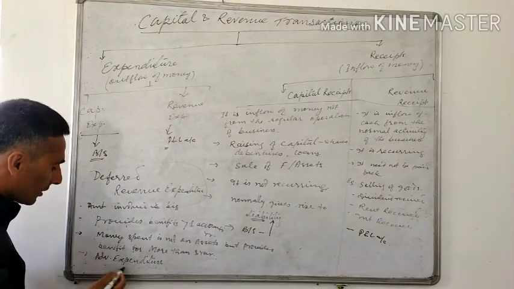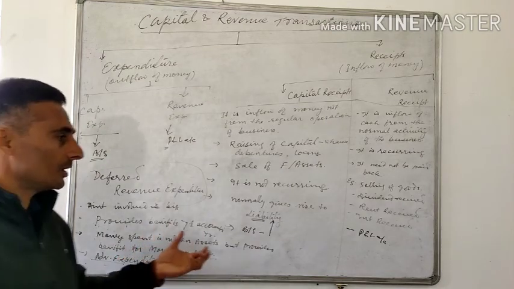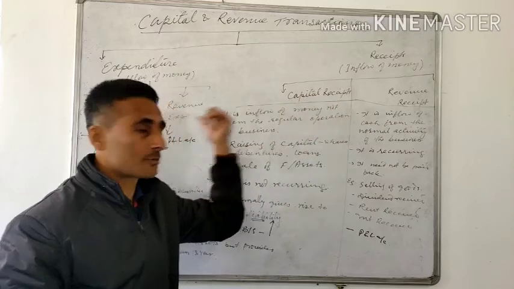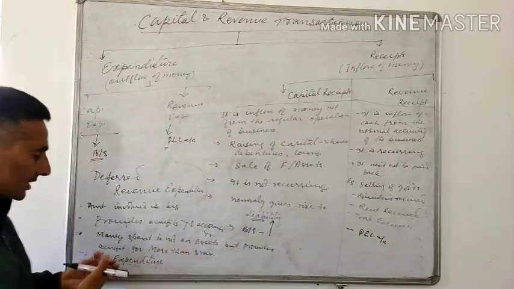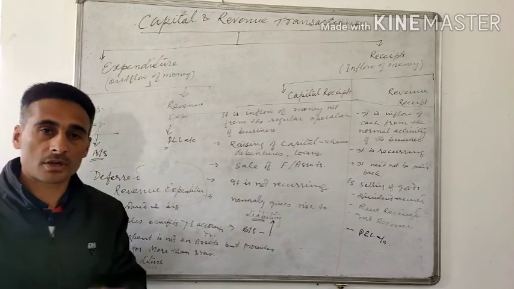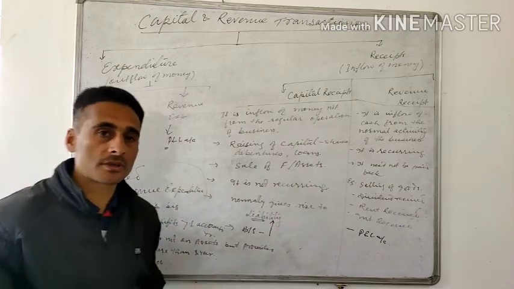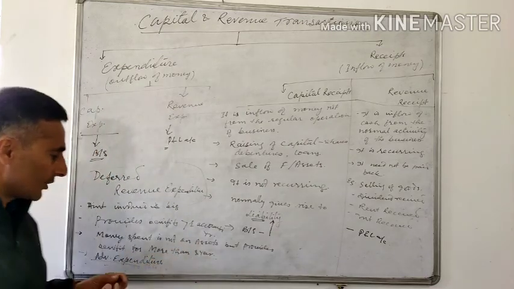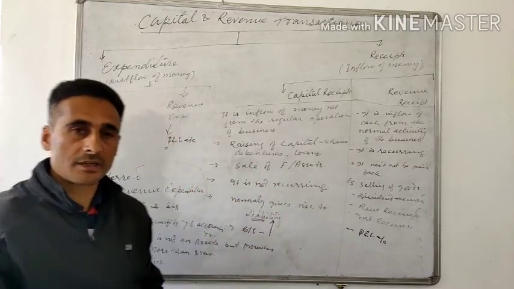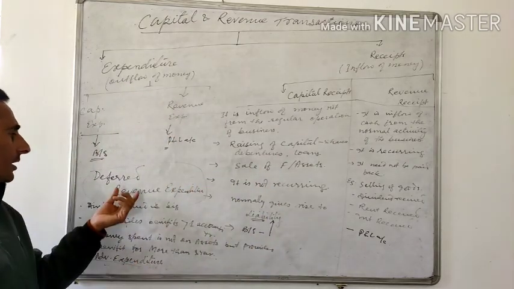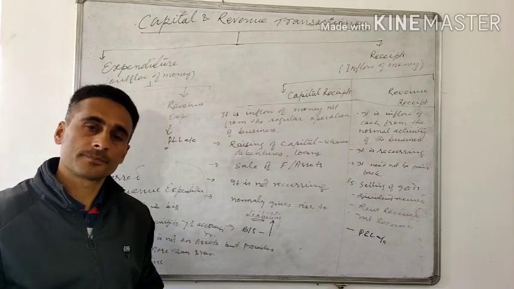But when you talk about only advertisement, it is definitely a revenue expenditure, because it occurs again and again. Now since this is on a new product, and the amount spent is huge, and the benefit that you derive from this advertisement will be for 2 years or 3 years, that is the reason why this expenditure will be considered as a deferred revenue expenditure.